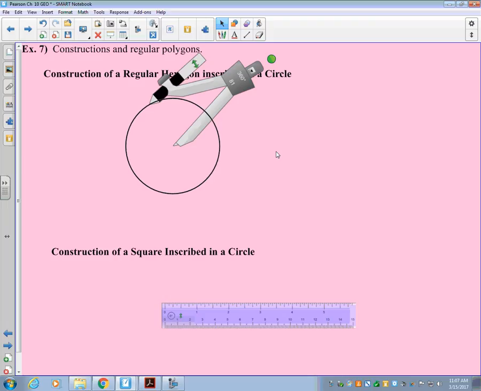So you guys, with your compass, put a circle. The less talking you do here, the better it'll be for this assignment. We can get it done before the bell rings.